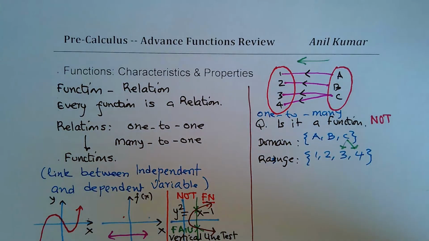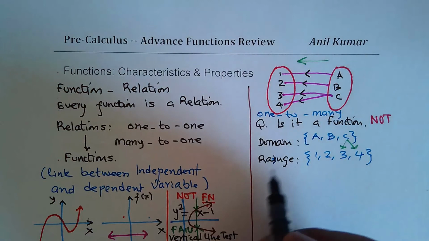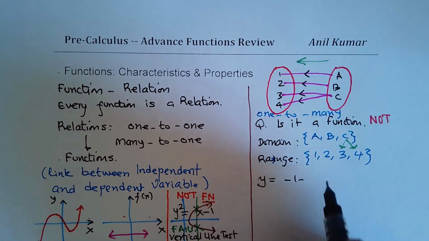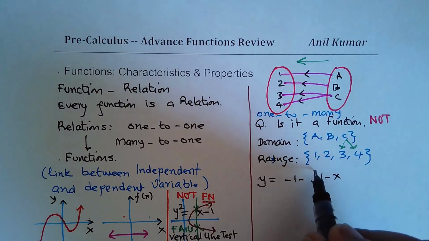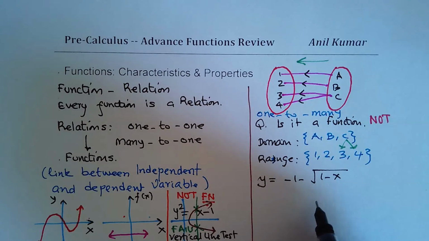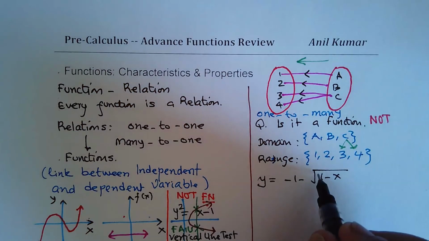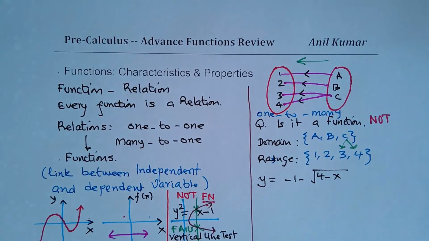Now, talking about domain and range, the most interesting question is, let me give it to you in the form of an equation: y equals -1 minus square root of 1 minus x. Okay. So if that is my function, let me make this 4. Or let me make this 2.